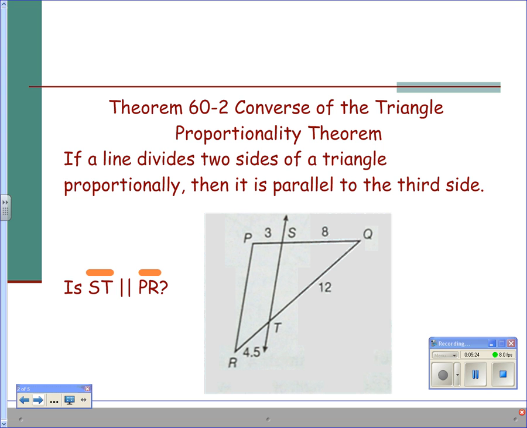This is the kind of question that they'll ask to use theorem 62.